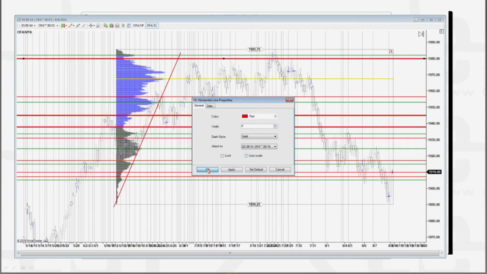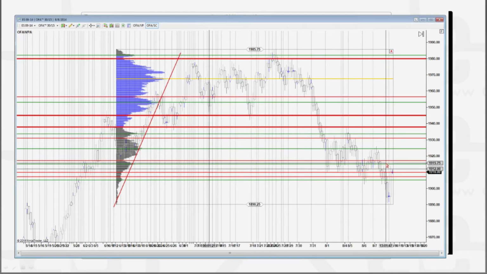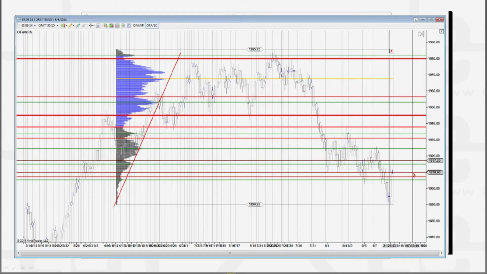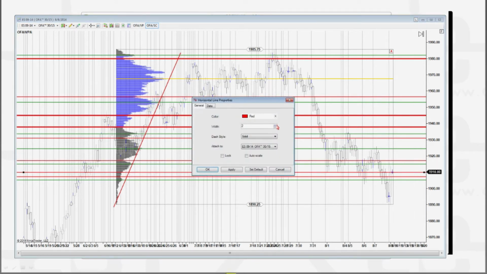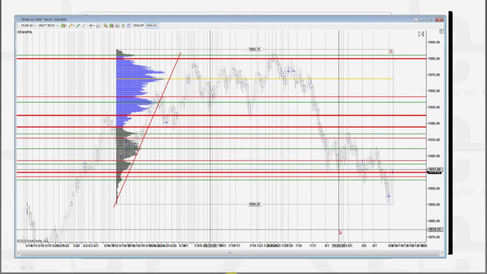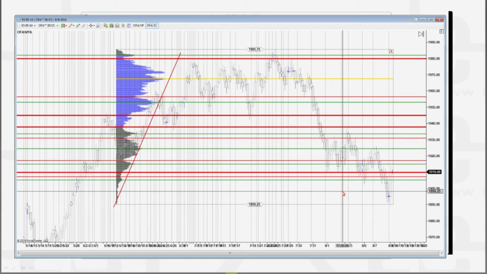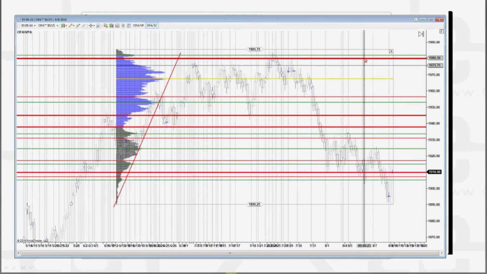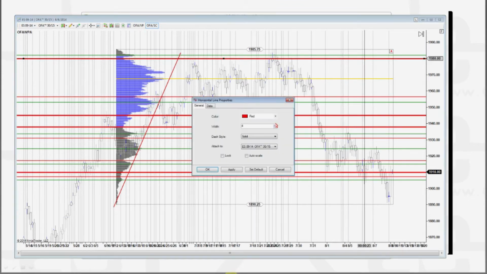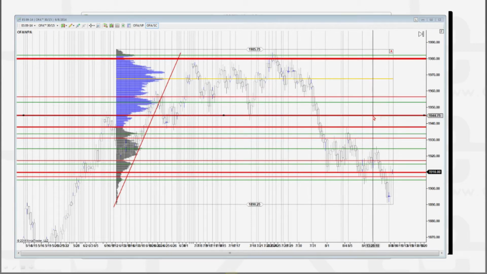Red, I just want to make these bigger. Looking at the screen, I want those to pop a little bit more for you.